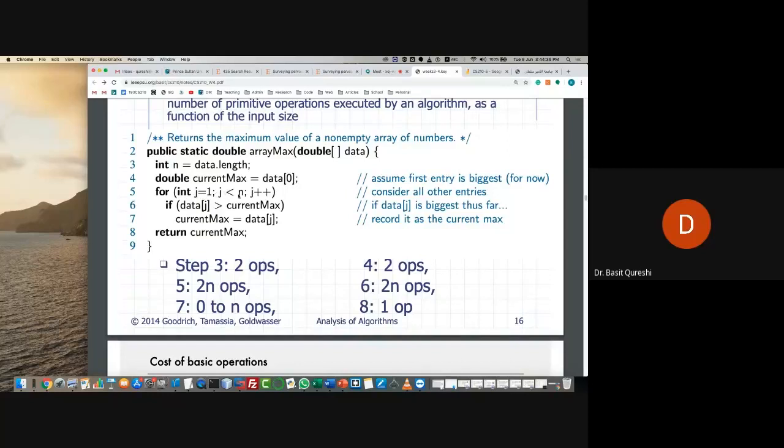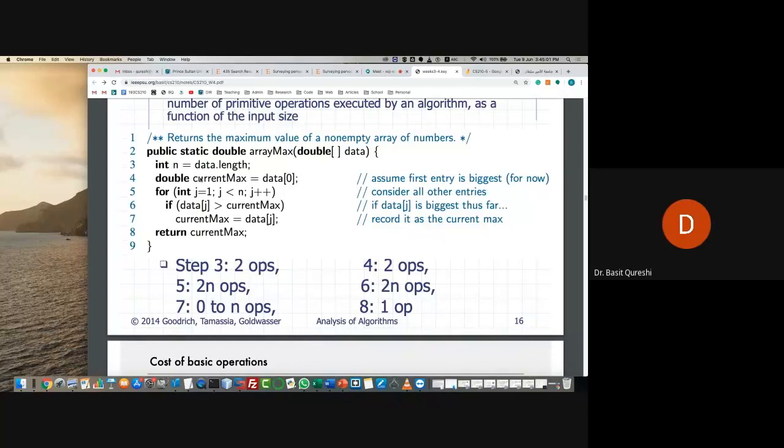Now, this loop is going to be running based on this condition and the counter. So how many times are you going to check this? It depends on the value of n. Do you know the value of n? No. Come on, you know this. Yeah, we have data.length.